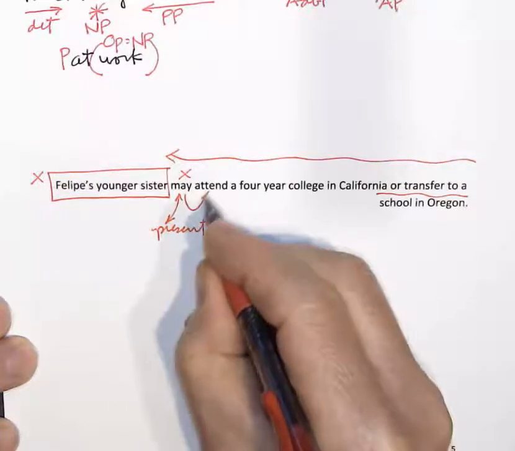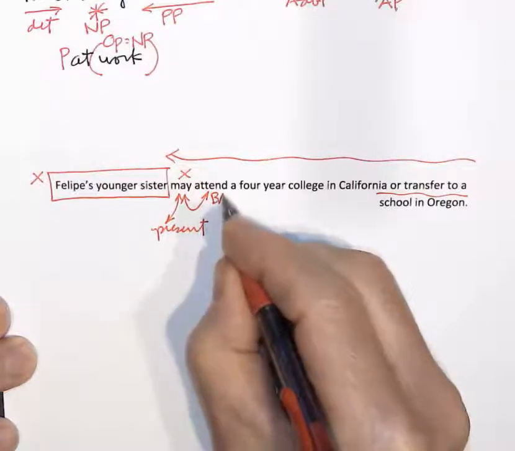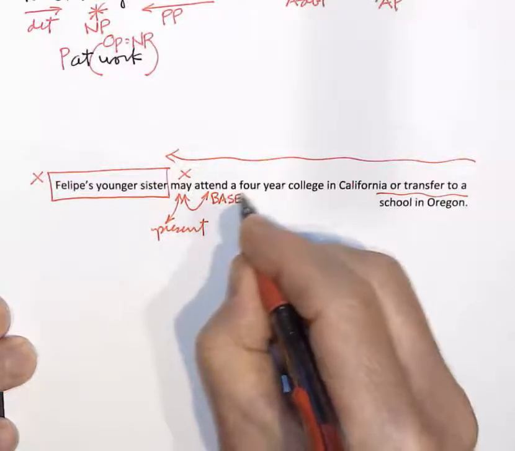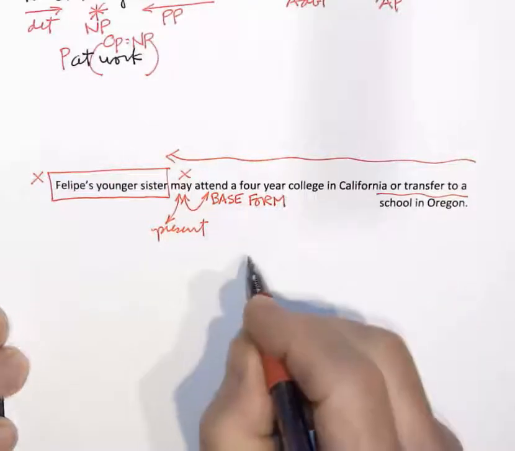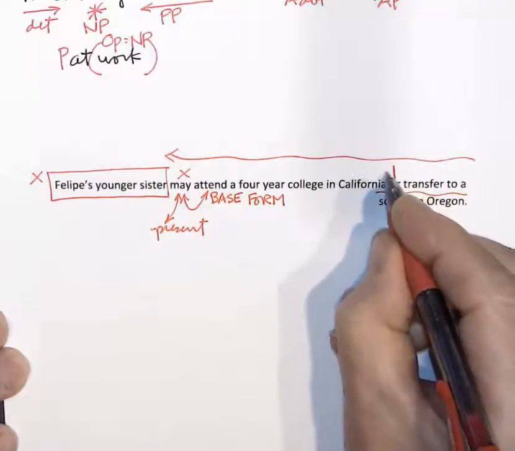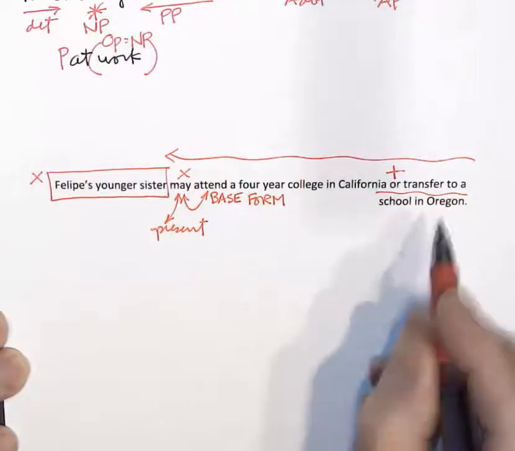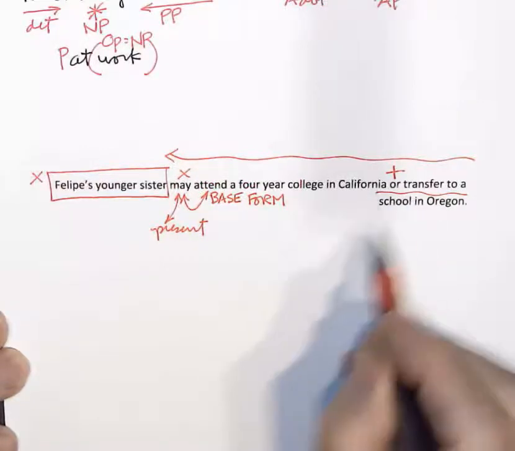May ties with attend, that's the base form. And before we stop, let's just take a look here. We do have a coordinator, so it's a good idea to take a look and at least get a sense of what we're putting together.